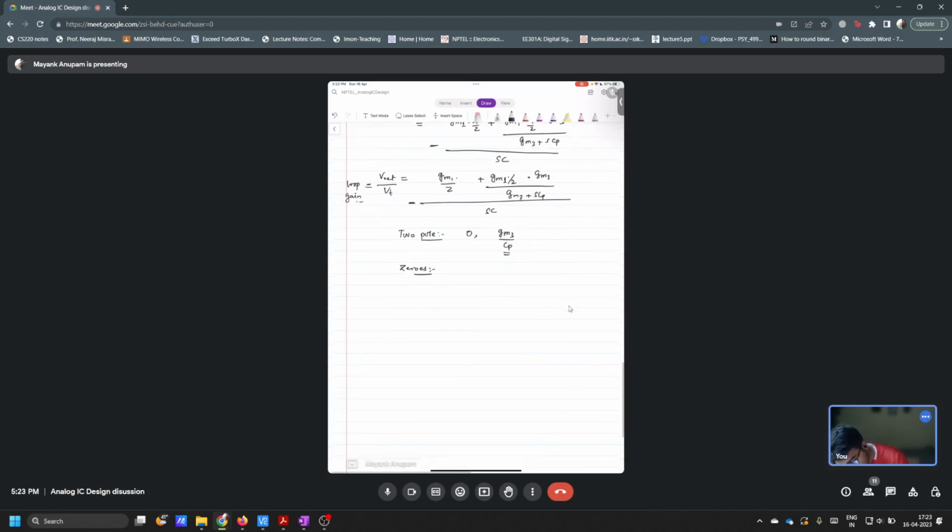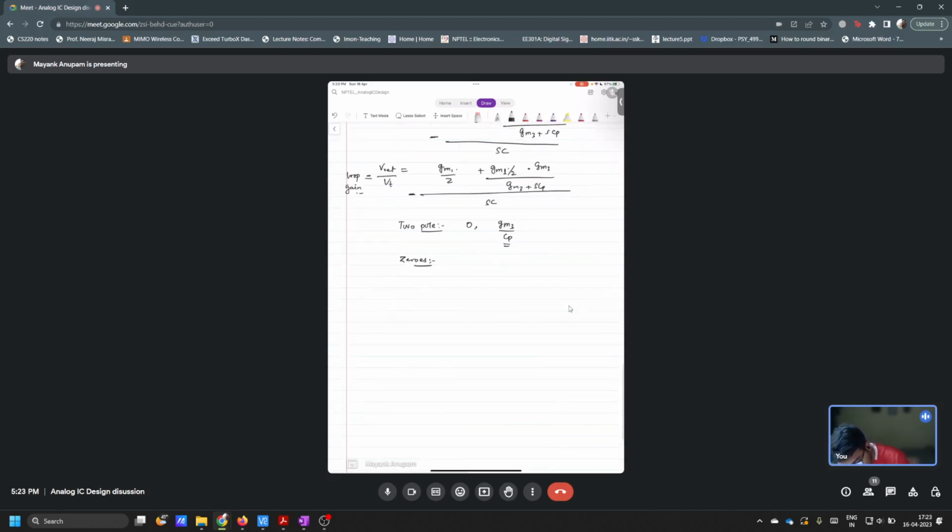You can do this right from here. Take GM1 by 2 common. So let's solve this. V return by V out, Vt is equal to what? GM1 by 2 times 1 plus GM3 divided by GM3 plus SCP, divided by SC.